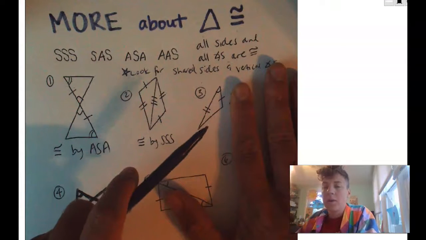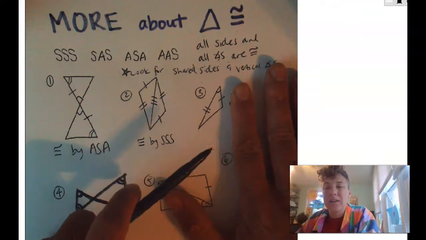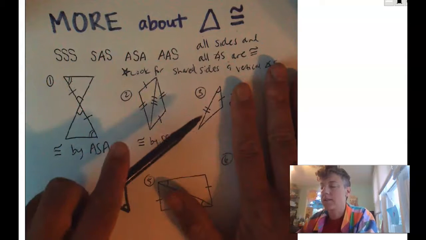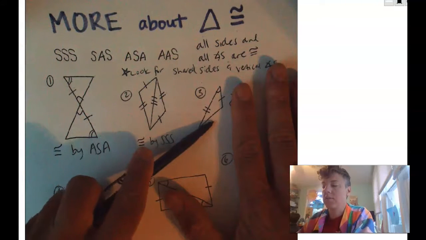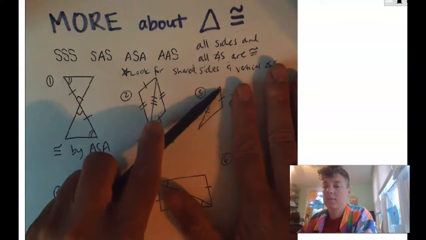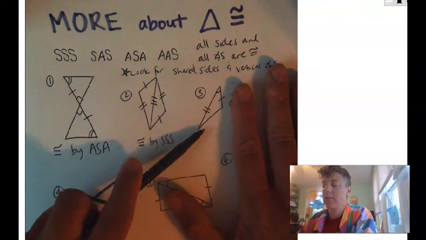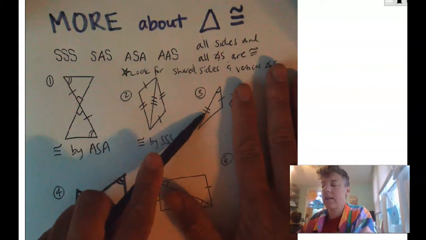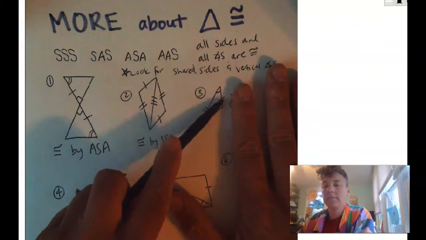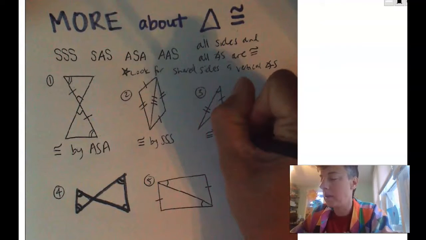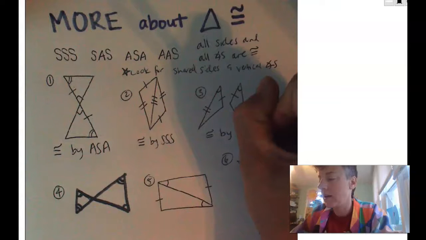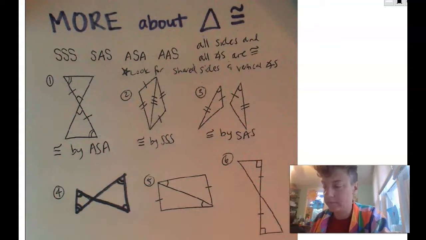We want to read the markings as close together as possible, so I wouldn't want to say side, skip a bunch of stuff, side, angle. Instead, I would say side, angle, side. Okay, cool. These are congruent by side, angle, side. Great.